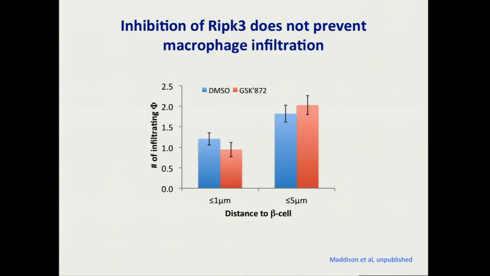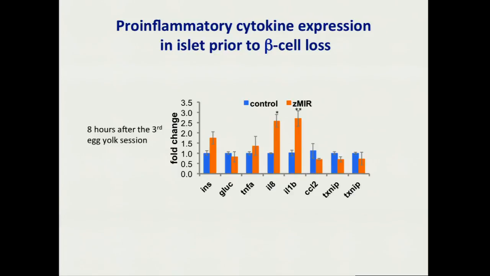We used the Ripk3 inhibitor, which did not change the macrophage infiltration at all, suggesting that something else is attracting macrophage to the islet. So we did a survey of pro-inflammatory cytokines from isolated islet cells. Just at the time when we take the fish out from the overnutrition, at the end of the third session, we didn't see any change in those molecules.